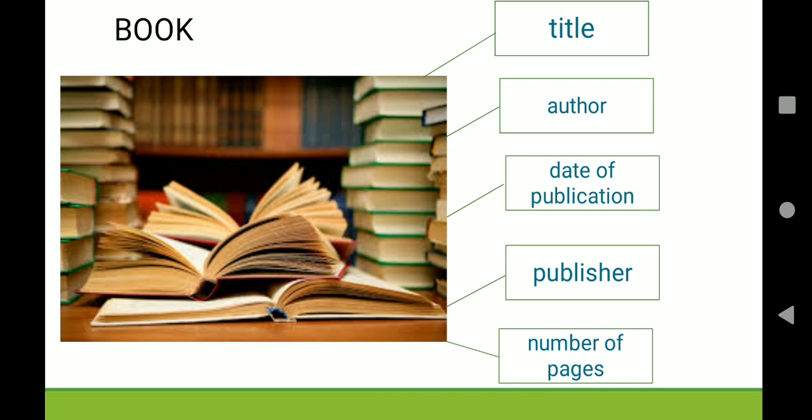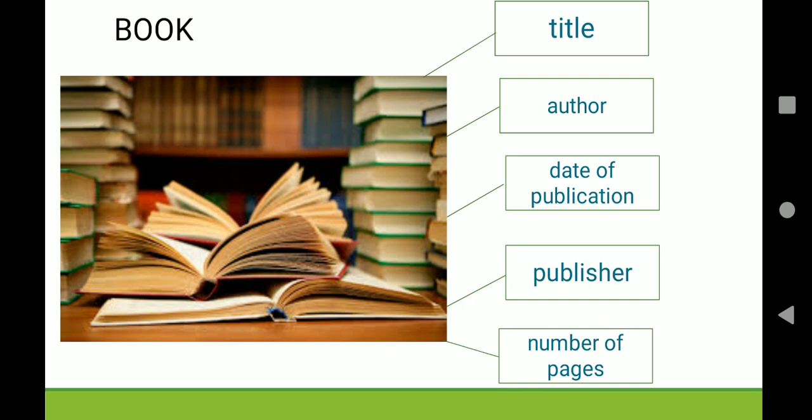This is one example. If we want to store the details of a book, these are the possible details that we may need to store in the library machine: title, author, date of publication, publisher, number of pages, and so on.